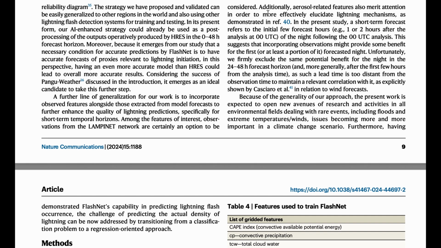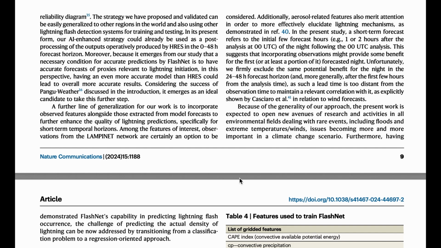They also mention that additional aerosol-related features merit attention in order to more effectively elucidate lightning mechanisms, as demonstrated in their reference. So they suggest more features that can be added to improve their model. So this can be an identified research gap.